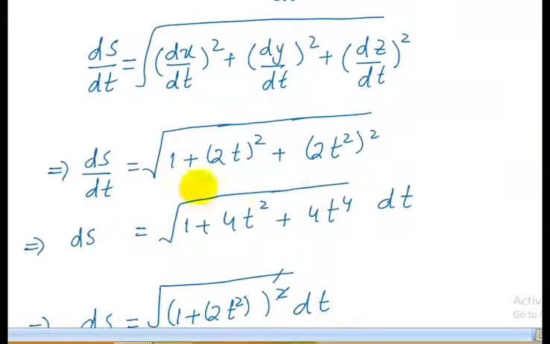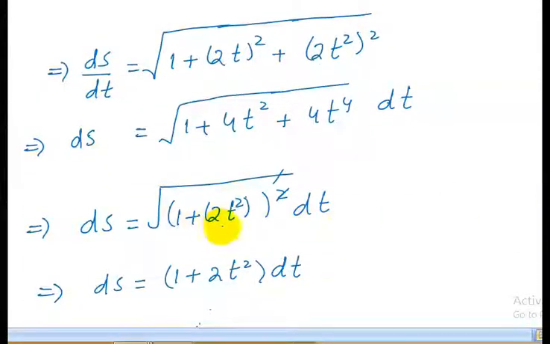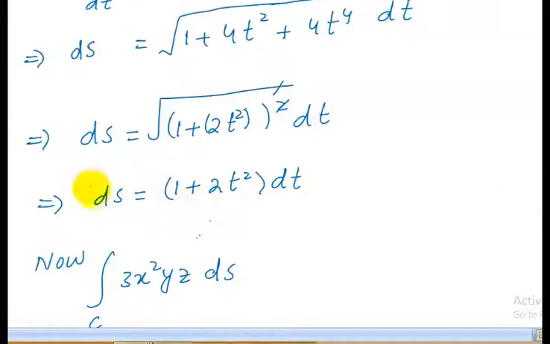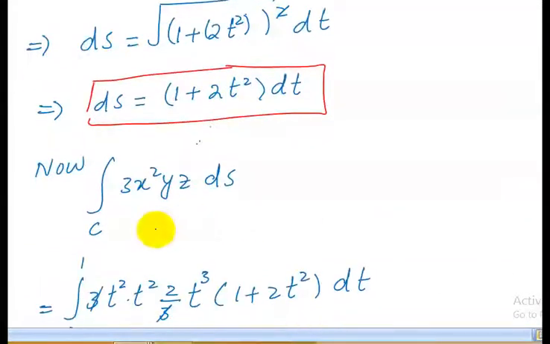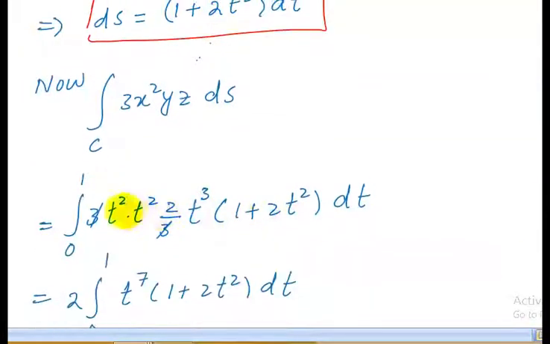Putting the values, it becomes 1 plus 2t whole square and 2t square whole square, and this is equal to 1 plus 4t square plus 4t^4, which is equal to 1 plus 2t square whole square, and square is cancelled out with square root. So ds is equal to 1 plus 2t square dt.